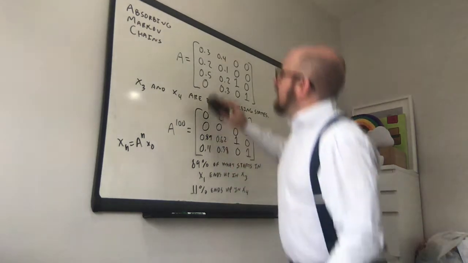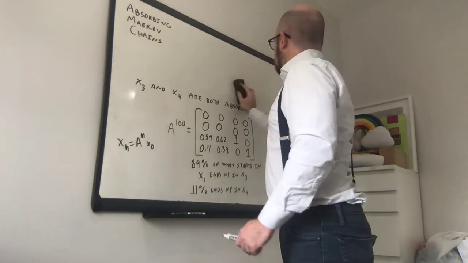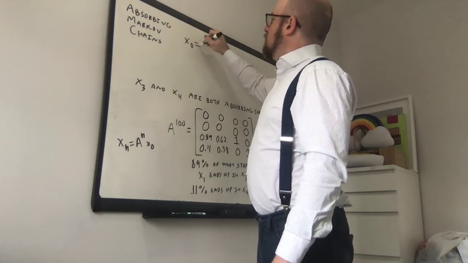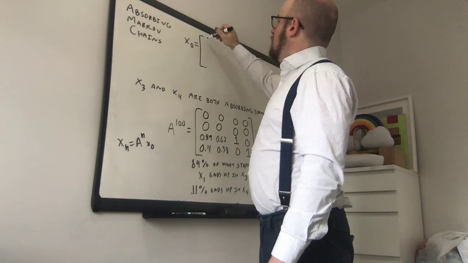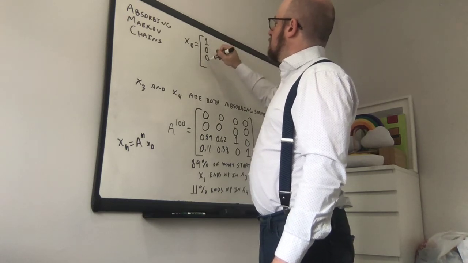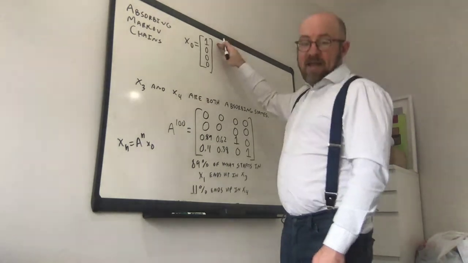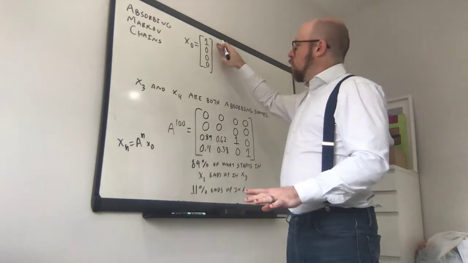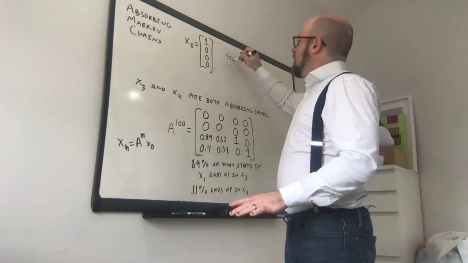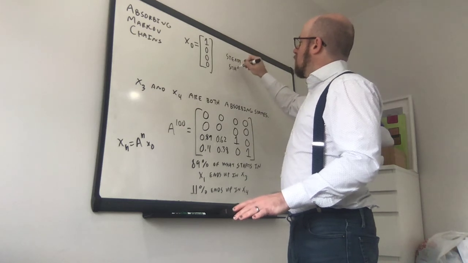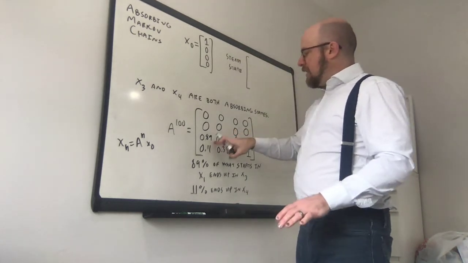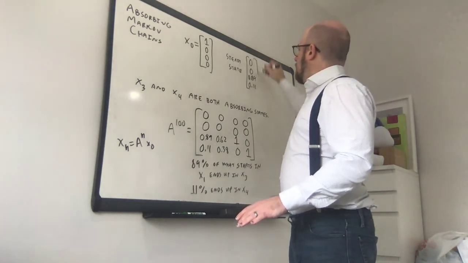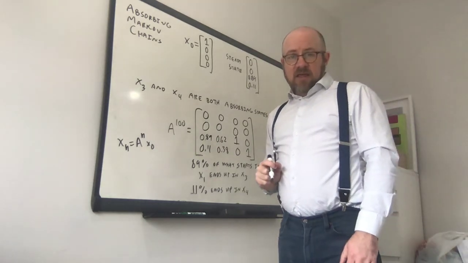If you started with, say, 100% in x1, so your entire population, whatever it is that this model is representing, starts in x1, you would end up with a steady state where 89% is in x3 and 11% is in x4.